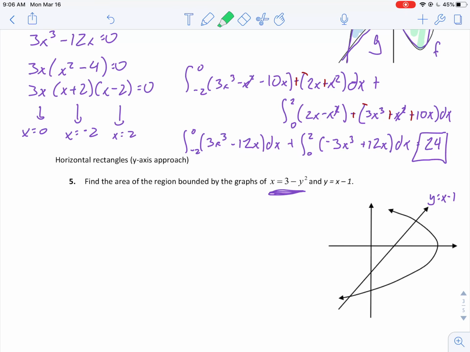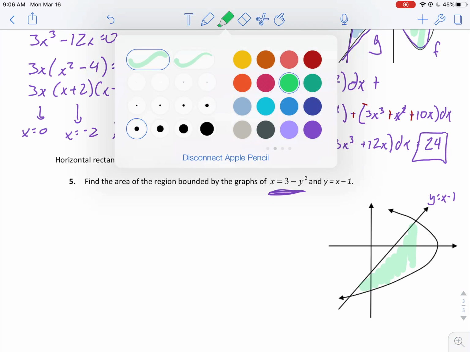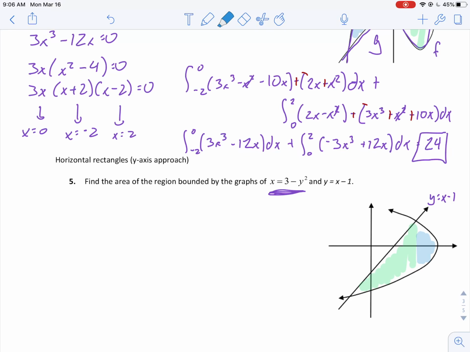So I could find the area of this green region and then separately find the area of this blue region and add them together, because the reason I would have two separate answers or two separate equations is in this first section the linear function is on top and the quadratic is on the bottom. But in the second region, the blue region, the positive part of the quadratic is on top and the negative part is on the bottom.